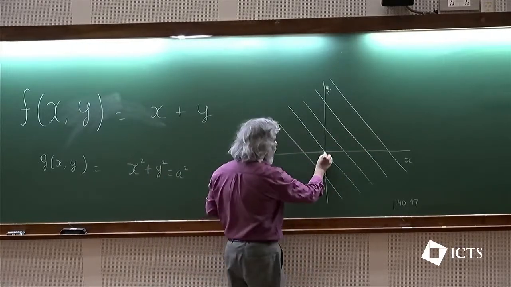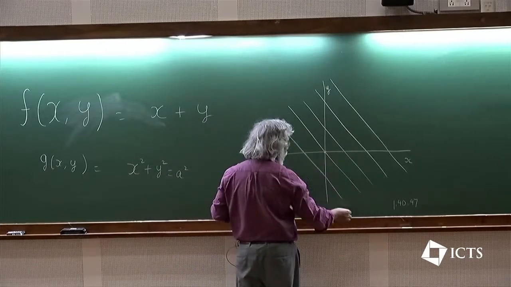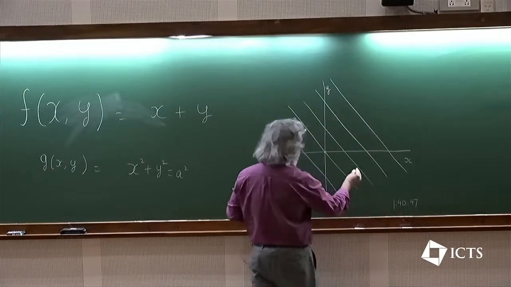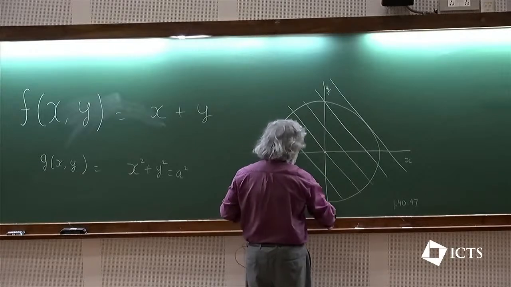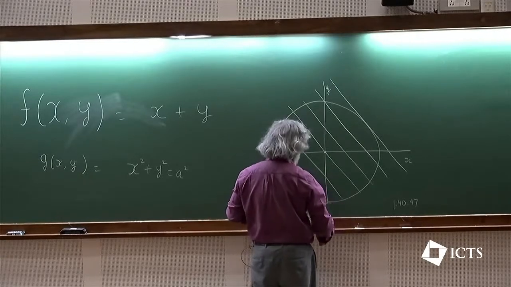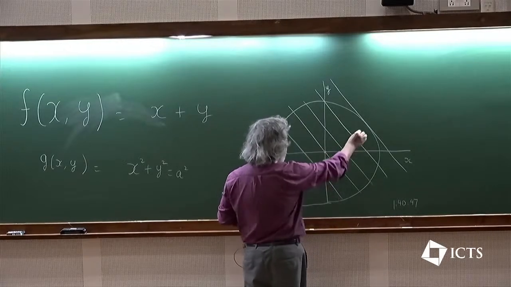But there's also the constraint that I want x squared plus y squared to be equal to a squared. So I'll draw a circle of radius a. So if I now look at the circle of radius a, I'm constrained to be here.